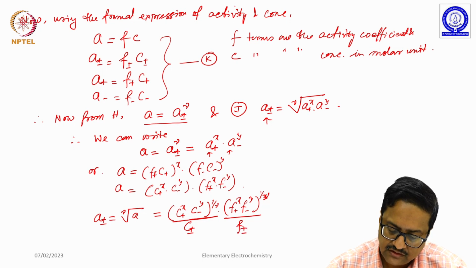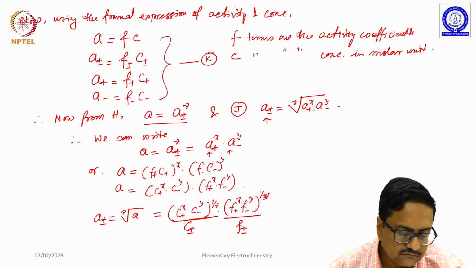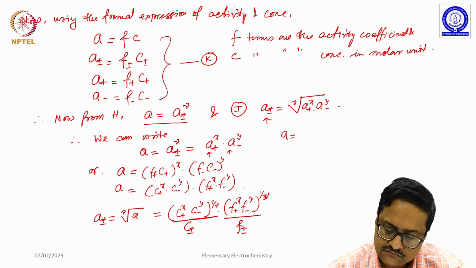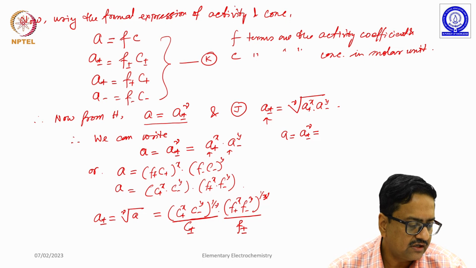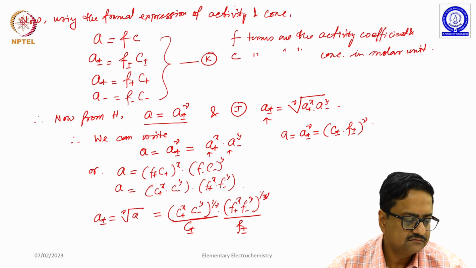So using these substitutions I can write that A equal to A plus minus to the power nu, which is equal to c plus minus into f plus minus to the power nu. Is it right?